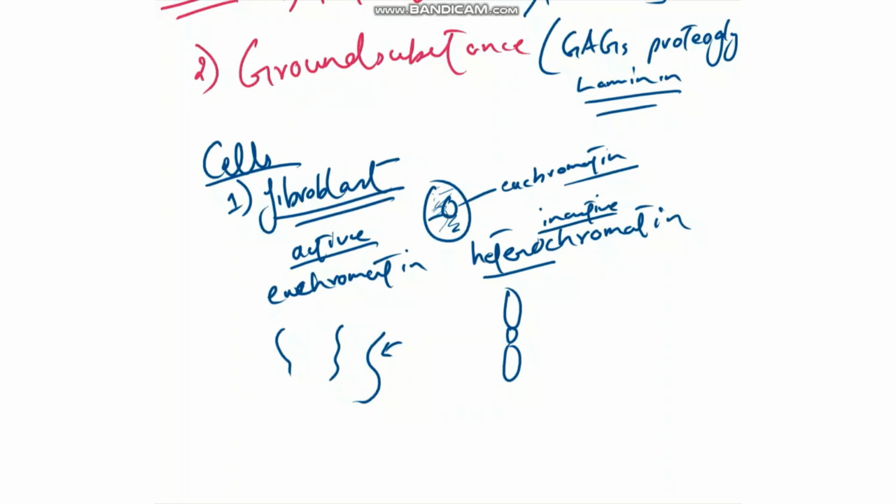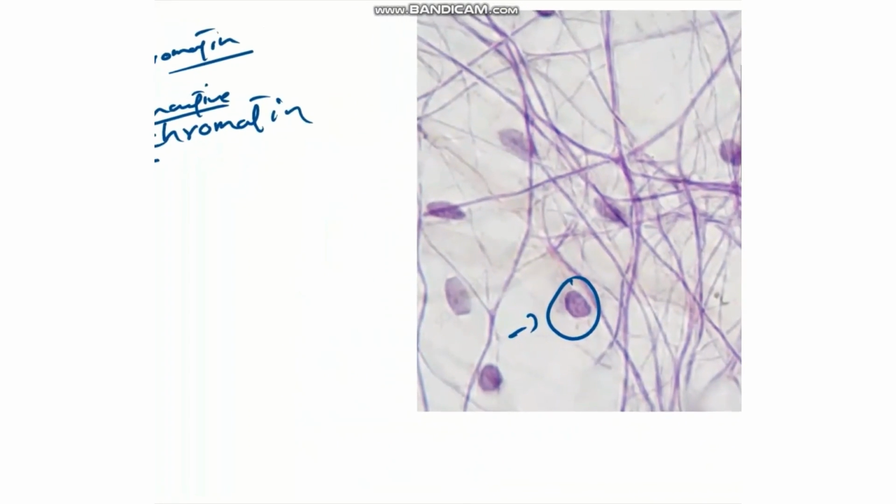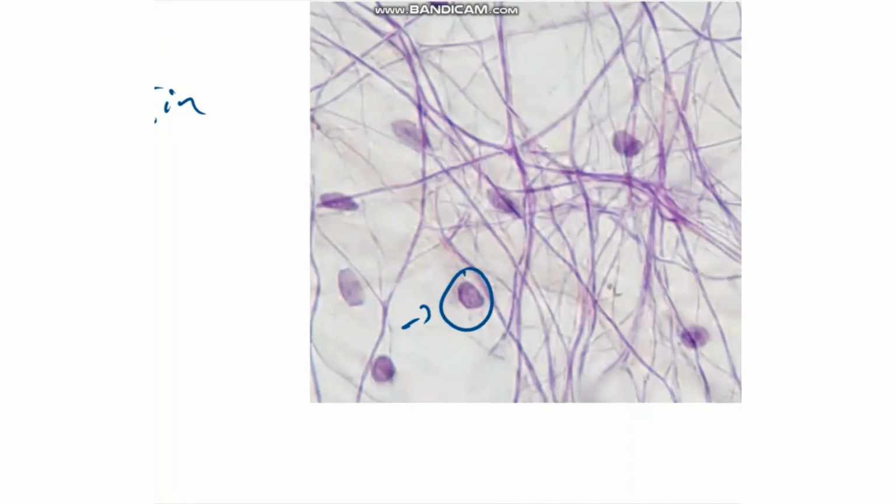So in the case of a fibroblast, you'd normally see euchromatin inside its nucleus, and it would have an eosinophilic cytoplasm. Let me just show you a picture of a fibrocyte here. You can see the eosinophilic cytoplasm. However, the picture is not good enough to show you the nucleus, but normally you'd see euchromatin inside the nucleus.